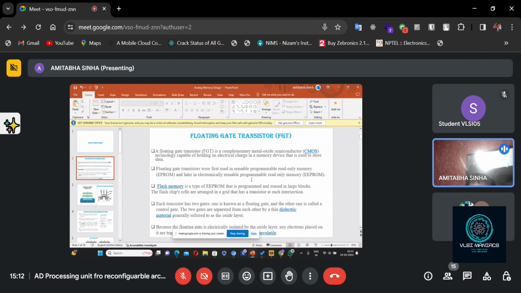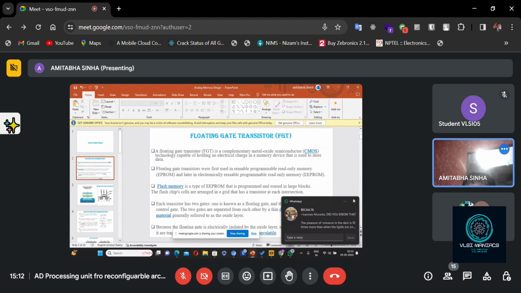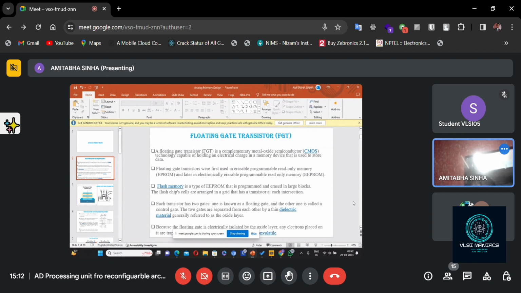These are widely used for flash memory also. Flash memory is a type of EEPROM that is programmed and erased in large blocks. The flash chips are basically erasable programmable read-only memory. These days they are very popular, and they are based on floating gate transistors.